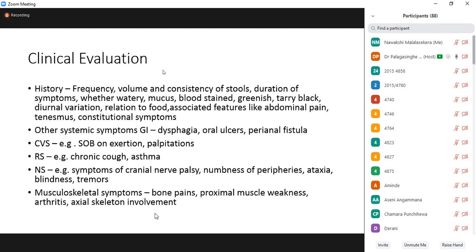So a sense of incomplete evacuation of stools, even after passing stools, you haven't really emptied the rectum fully. So that's tenesmus. Tenesmus can be there when there's some colitis or some underlying lower GI or lower colonic malignancies. Rectal cancer, one of the features will be tenesmus.